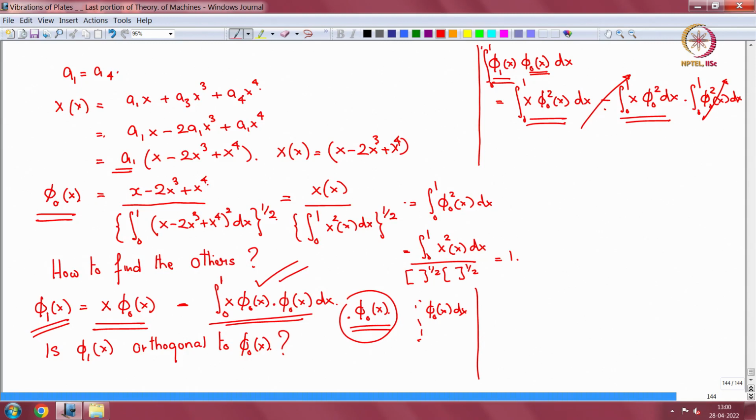Okay. Now, I normalize phi 1 also. So, the phi 1 of x is going to be phi 1 of x divided by whatever you found, phi 1 square of x dx and square rooted. This is the new phi 1. Okay.